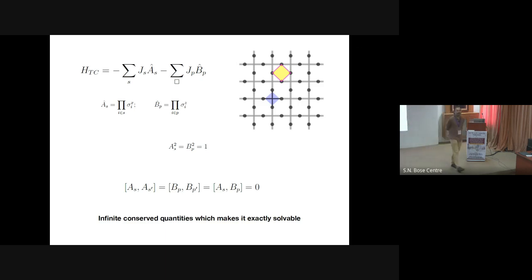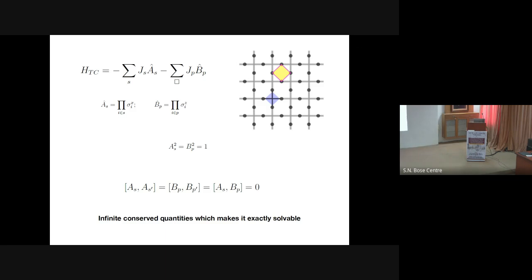Also they're Hermitian operators, so that means that their eigenvalues are plus minus 1. Both A_s and B_p have eigenvalues which are plus minus 1. And this is crucial: the different A_s operators and the B_p operators, all of them commute with each other. This is particular to this structure.